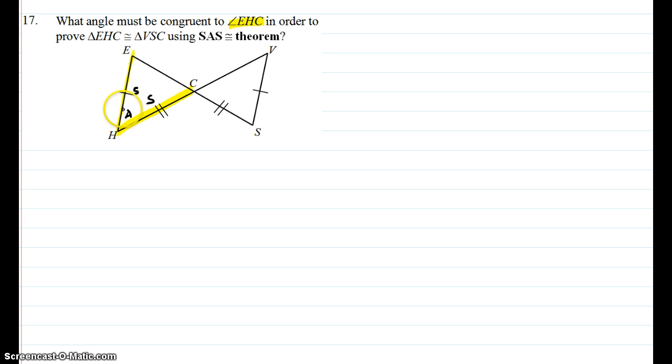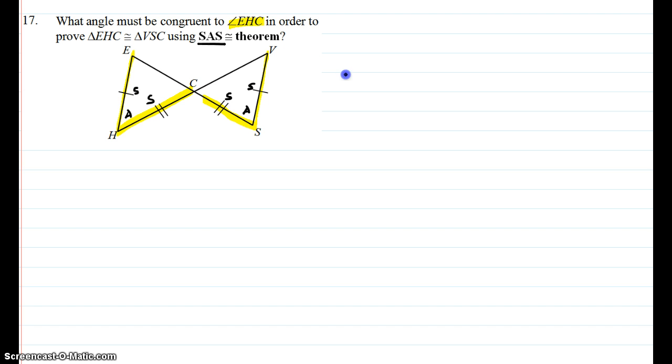So we go from 1, the angle, to 2. We want the same thing over here, side, angle, side. So we're going to want to show that this angle is congruent to this. So that's the angle we need in order to use side, angle, side.